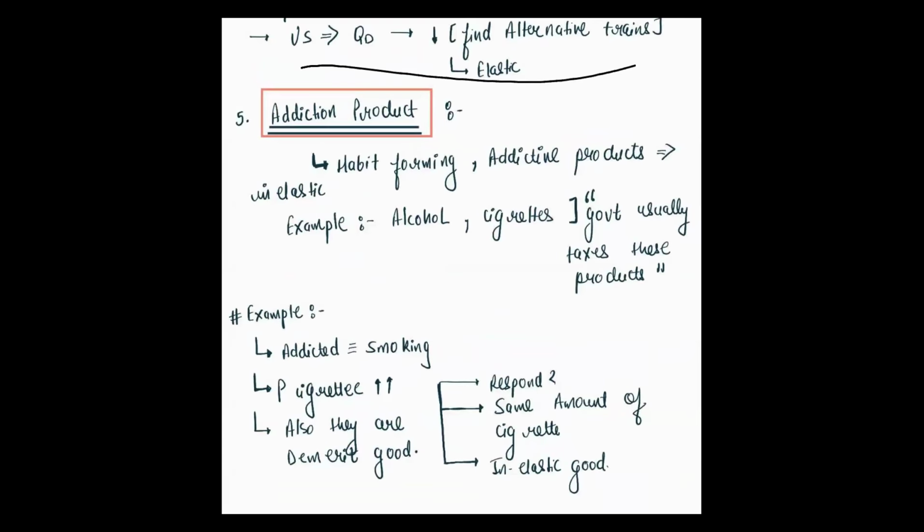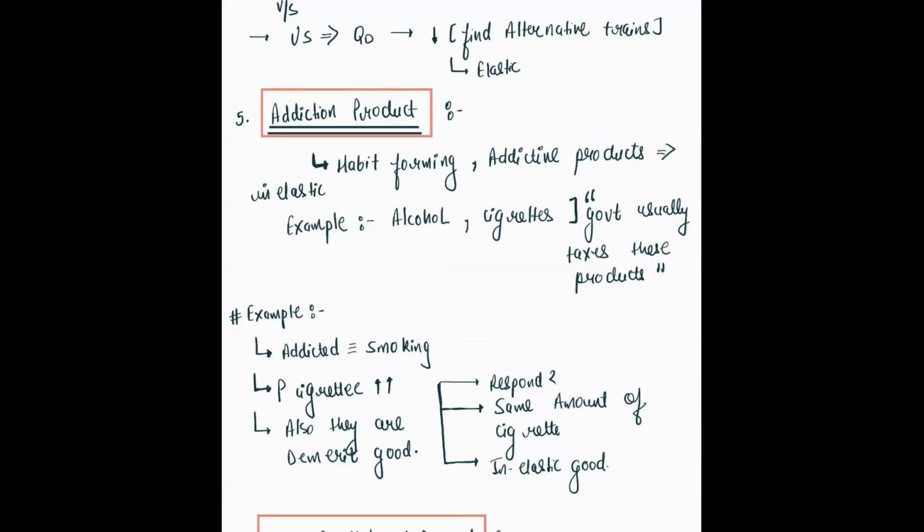Okay? Is it clear? The fifth factor that impacts the price elasticity of demand is addictive products. Addictive products means habit forming products we are using. Usually, even if there is a big change in price, we are still addicted to it, so we will still demand it. Even if the price goes to 1,000, we are habitual to it.